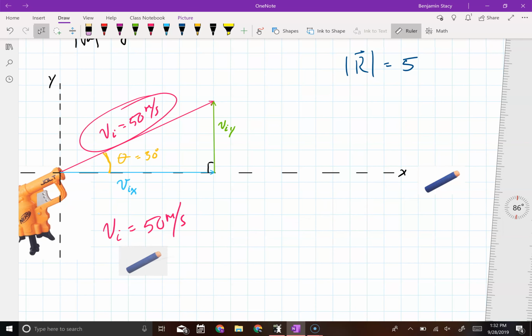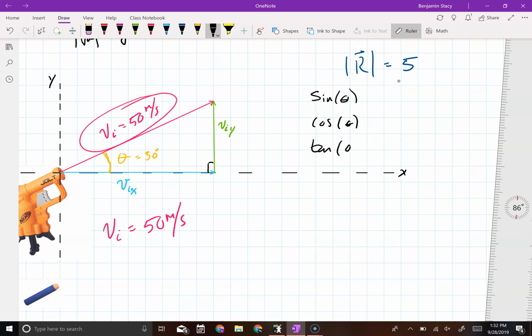Fortunately, it's just the simplest of trigonometry, and this is why we want to keep our right triangles and not really use any other crazy triangles. I know that my useful trig functions sine of an angle, cosine of an angle, and tangent of an angle can be used to help me find the other sides of a right angle triangle, or to work backwards and find angles or find the hypotenuse or whatever you want.